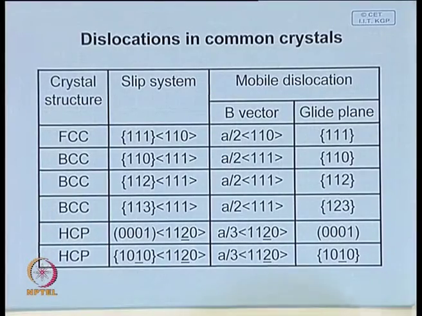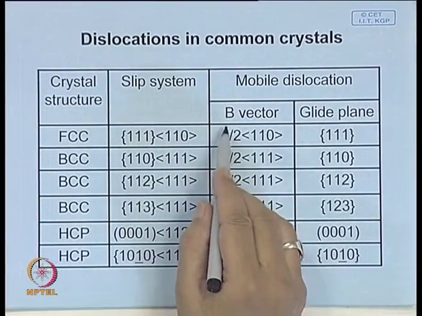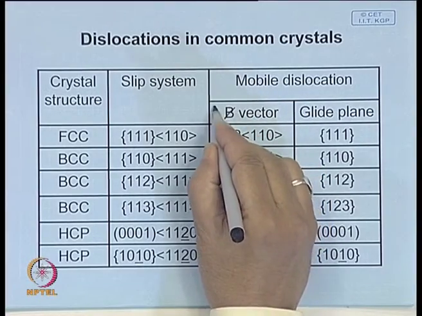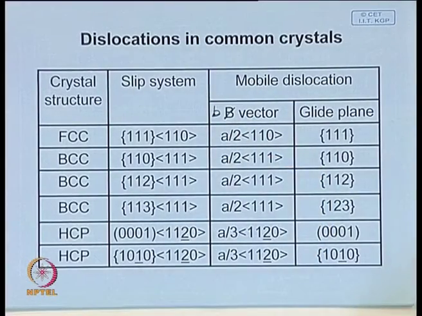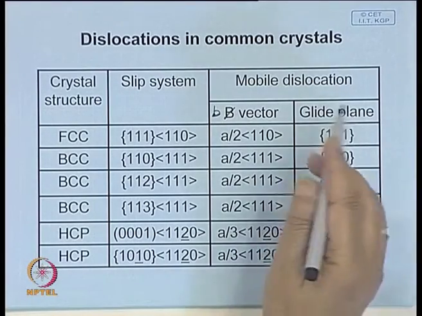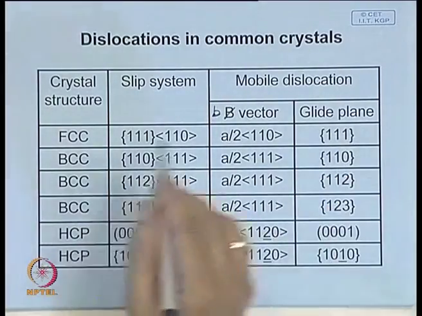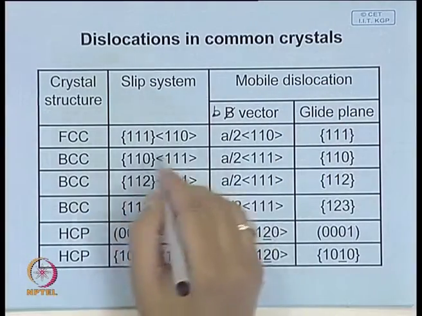Now, here are some common slip systems, which give the glide plane and the Burgers vector. This should be small b, the Burgers vector. Some of these are listed, and we also looked at how many of these are possible.